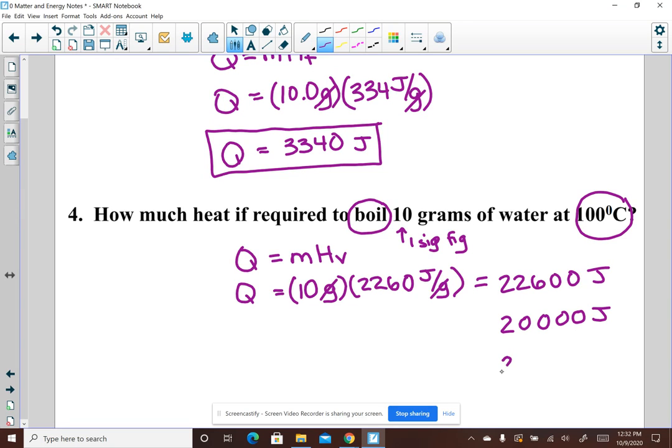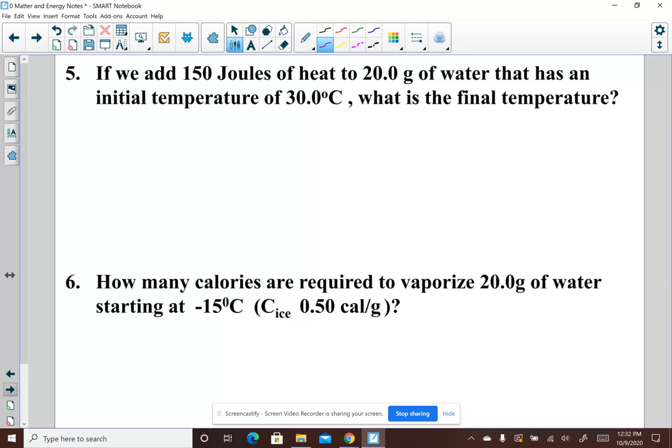Or I can put it in scientific notation. Okay, so any of those would be acceptable answers for number 4. Okay, 5 and 6 get a little bit more complicated.